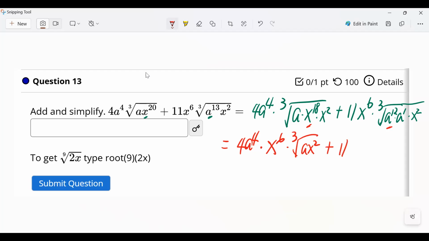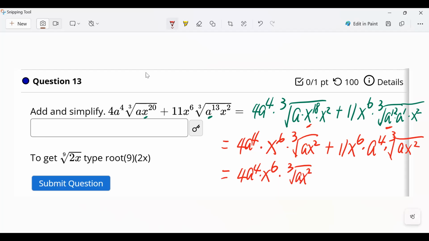Our second one, 11x to the sixth times the cubic root of a to the 12 is a to the fourth, and then the cubic root of ax squared remains. Now let's simplify a little bit. So this is 4a to the fourth x to the sixth, cubic root of ax squared. The other one will be 11a to the fourth x to the sixth, and this cubic root of ax squared.